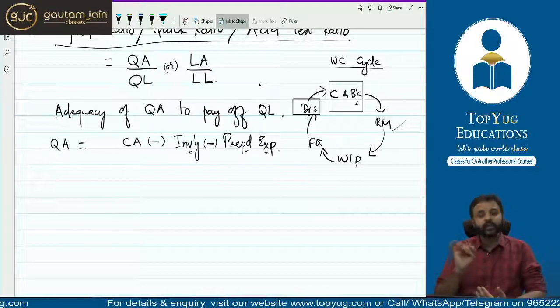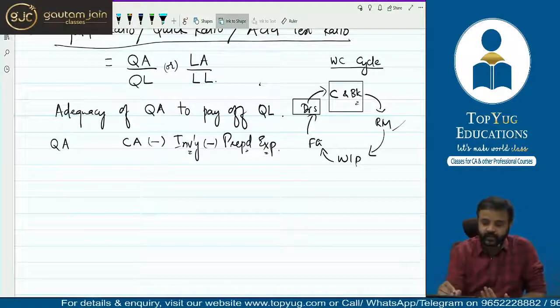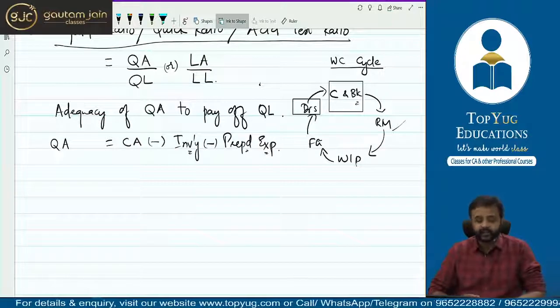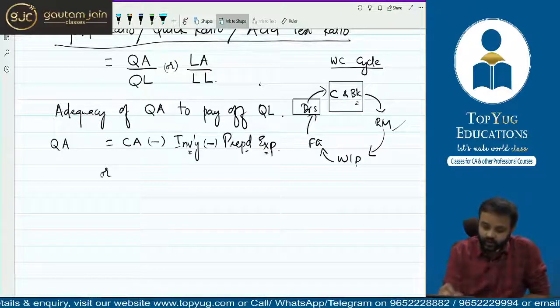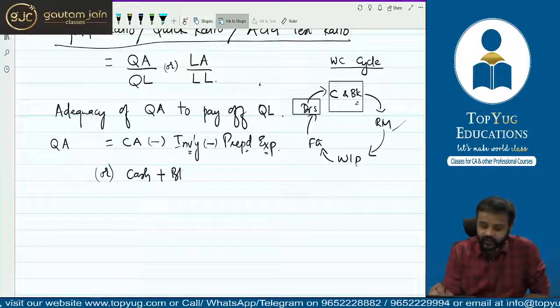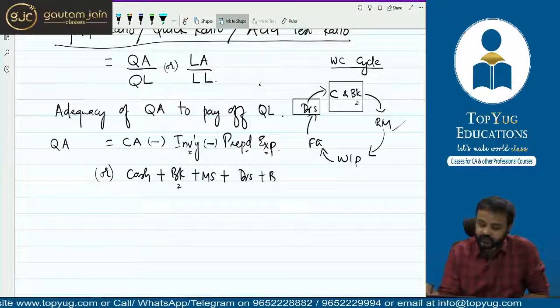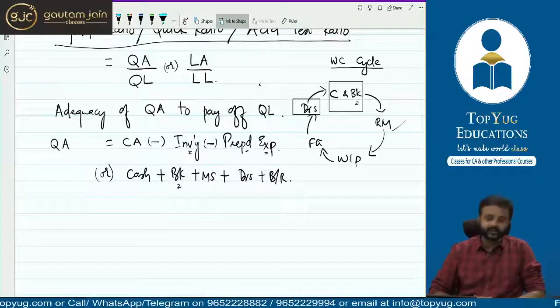So one way of calculating quick assets is to subtract the inventory and the prepaid expenses from the current assets. Another way is to take the cash balance, the bank balance, and marketable securities, and take the debtors and bills receivable. If you take these items, you will get the quick assets.